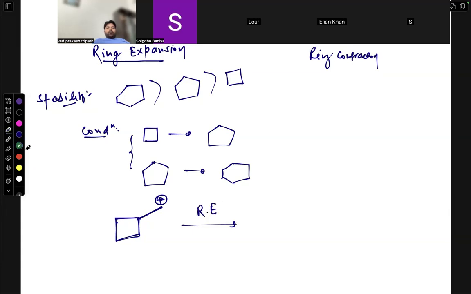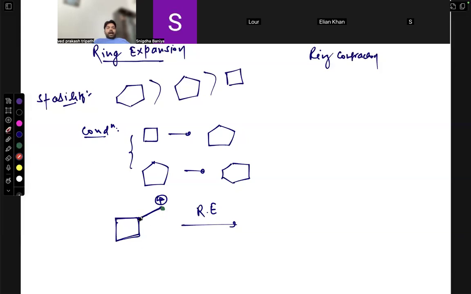Like here, we have a 4-member ring and we have a carbocation in the outer carbon. So here we have a ring expansion concept. And you know that 4-member ring could be 5-member. So what is the best way to draw the ring expansion? So listen to me here. You have two things. You can draw with arrow pushing or you can draw with the numbering rule. So let me tell you the first, arrow one.